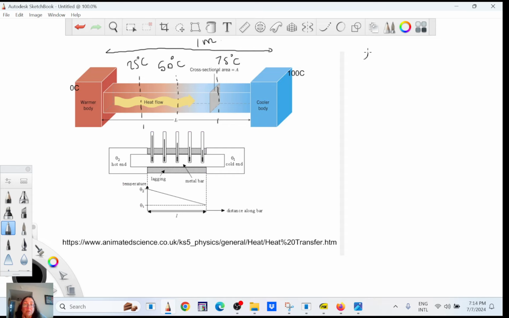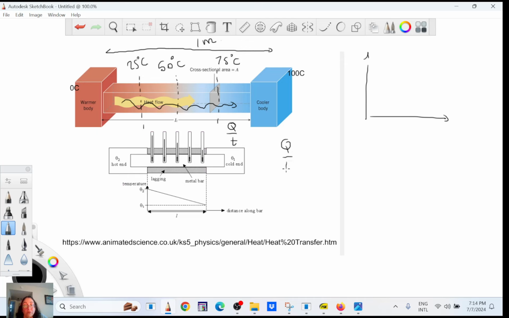So if you have the same rate here, because there is no leak, the heat cannot leak out. So Q over T, the rate at which the heat is flowing, is going to be the same all over.